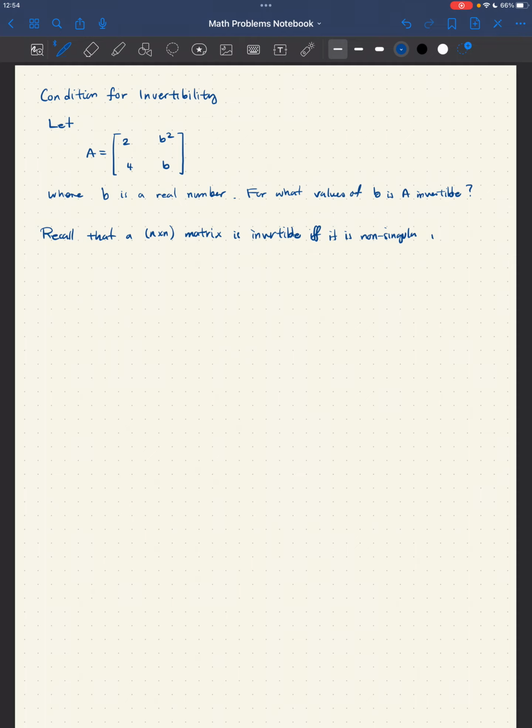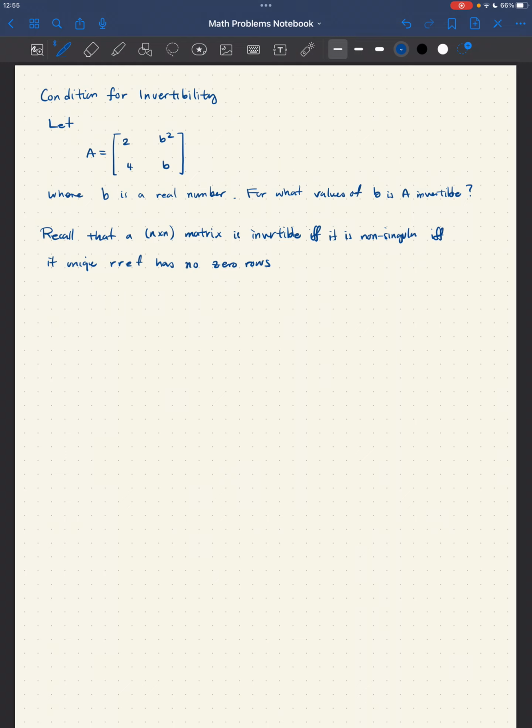But also that may be reduced to something a little bit more mechanical, having to say that if and only if its unique row reduced echelon form has no zero rows.